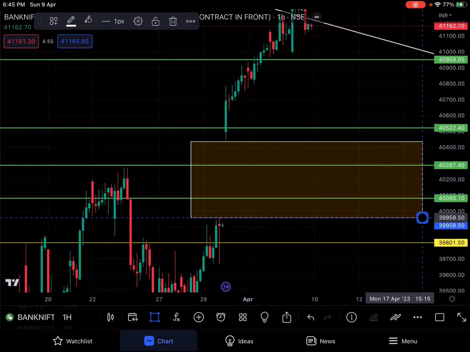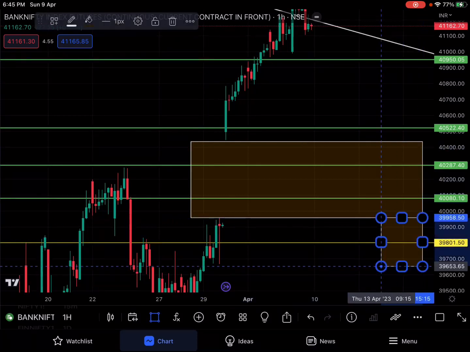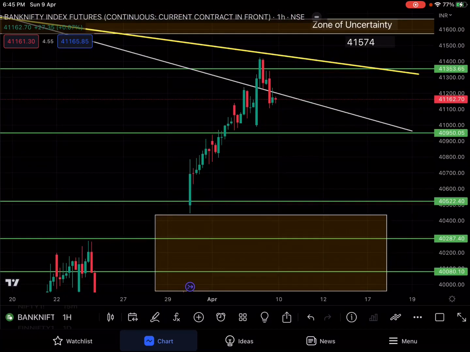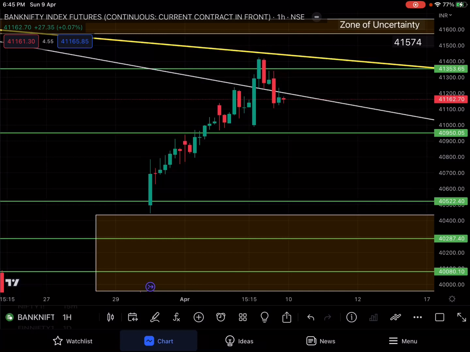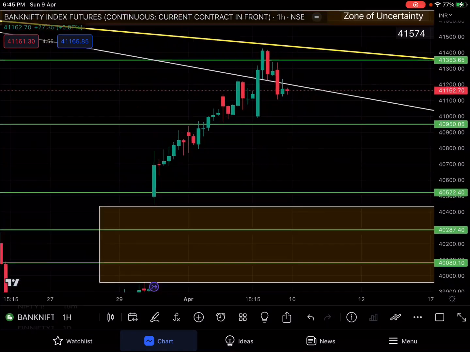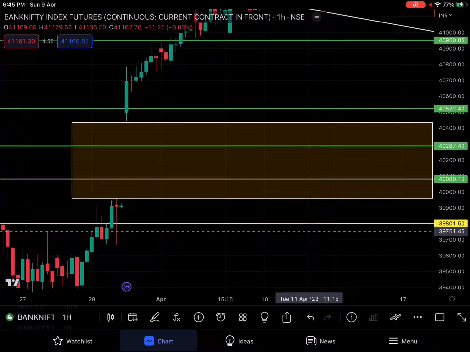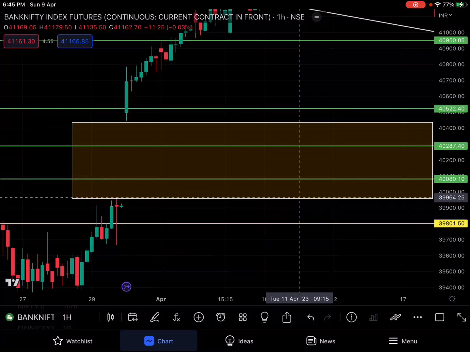Considering the gap filling that needs to happen, the doji that formed on the 1 day chart, and the strong resistances above, it clearly tells me that the market, though it might be bullish, has probably made its high, and we might have a retracement till at least the gap is filled, which is around 39,950, close to 40,000.